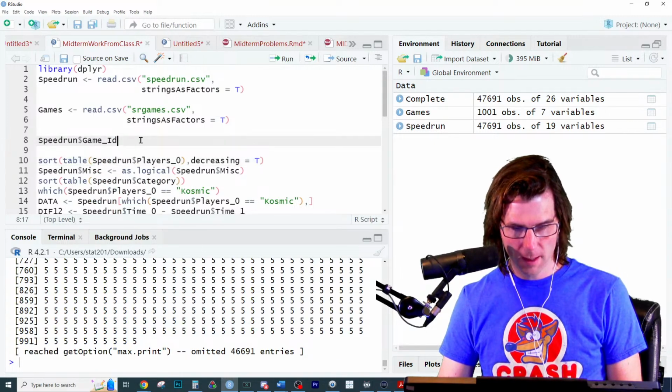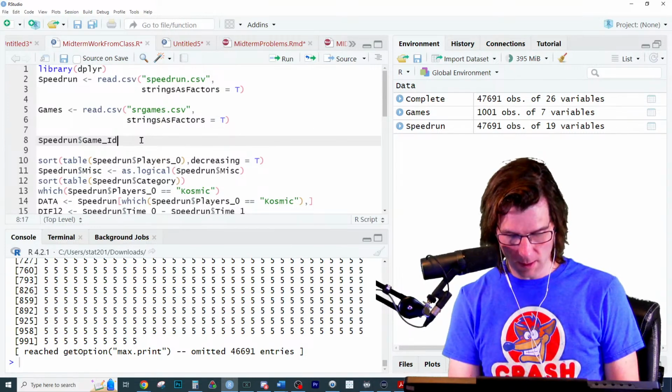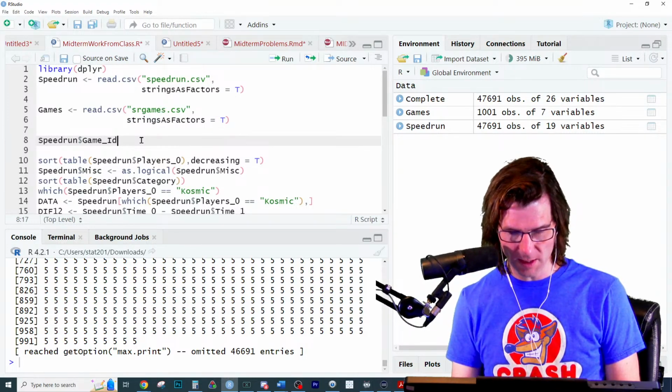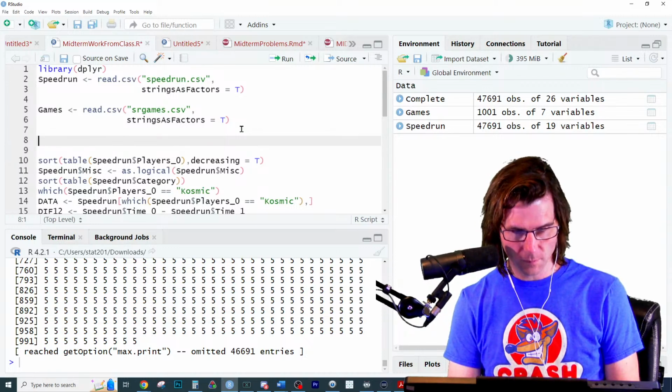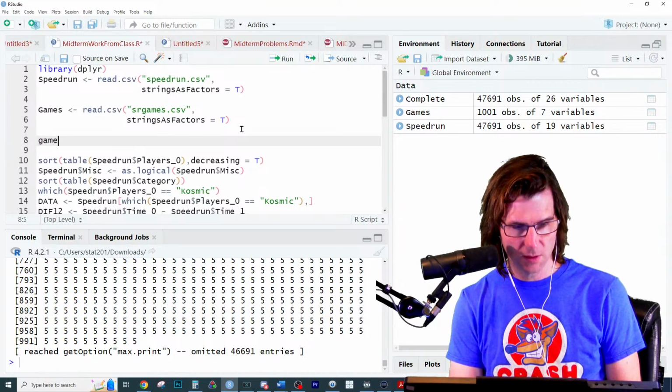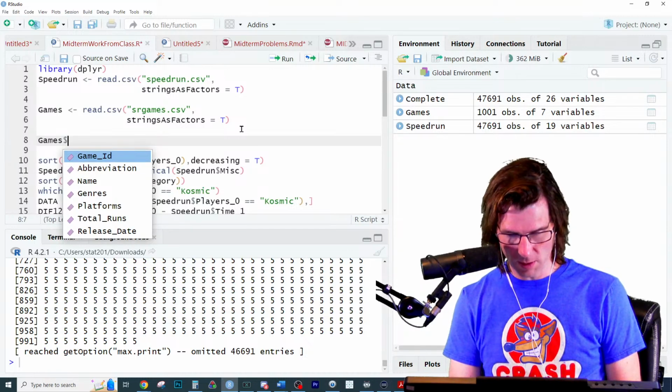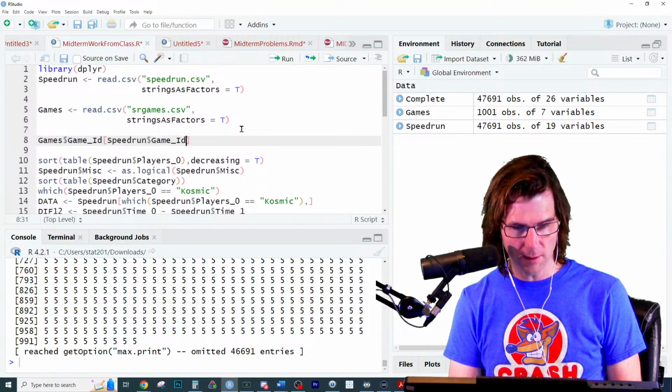There we go. And then let's look up the, so those are the game IDs we want. And then we're going to go here and go to the games and go to the game ID of that.